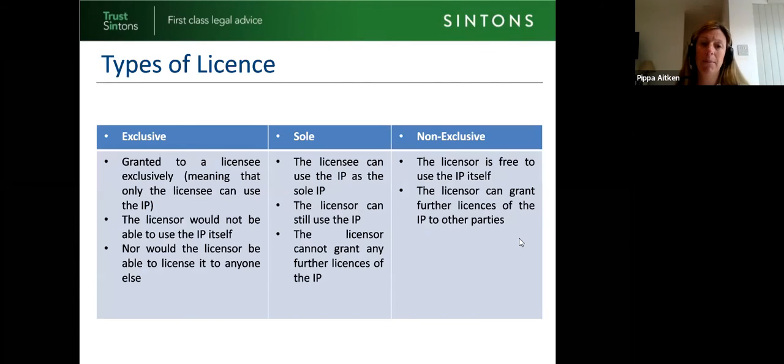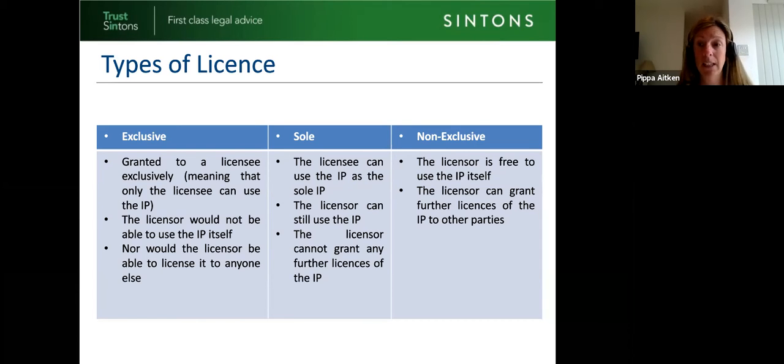There are different types of license: an exclusive license, a sole license, and a non-exclusive license. It's really important when you're negotiating with a licensee to come to an agreement as to what type of license this is going to be. Obviously, an exclusive license means that the licensee can use that IP exclusively. You as a licensor would not be able to use it, nor would you be able to license it to anyone else.